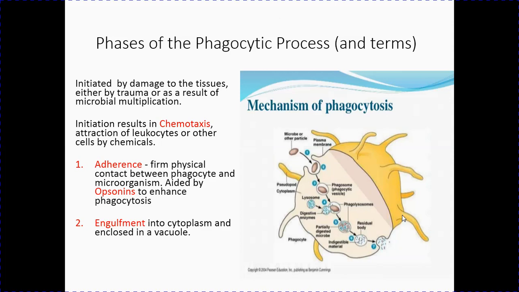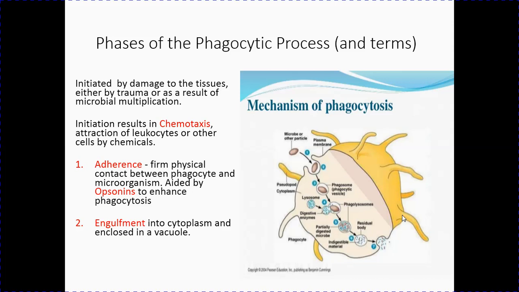So this again is the mechanism of phagocytosis in a slightly different picture. It is very similar to what I just went over from the picture in the book. I liked this picture, and I wanted to go through it one more time.